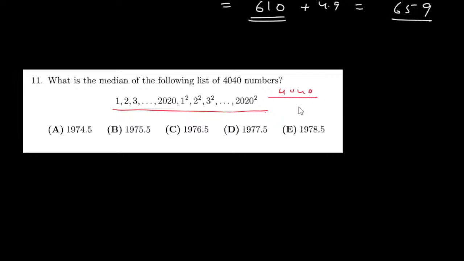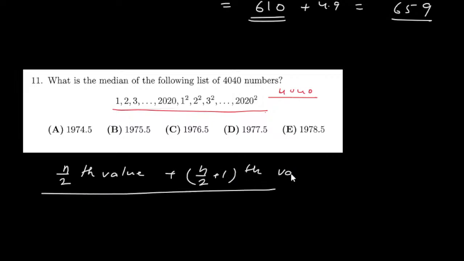Now if you have 4040 digits, then the median is going to be the average of the n divided by 2th value plus the n divided by 2 plus 1th value, divided by 2.